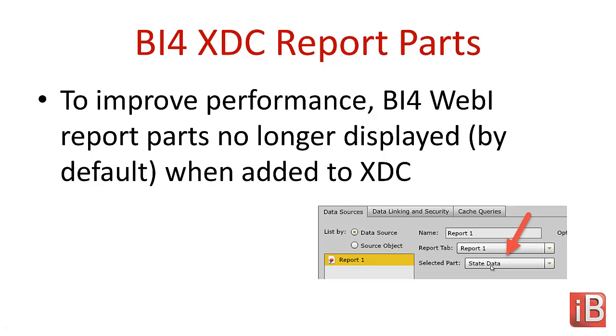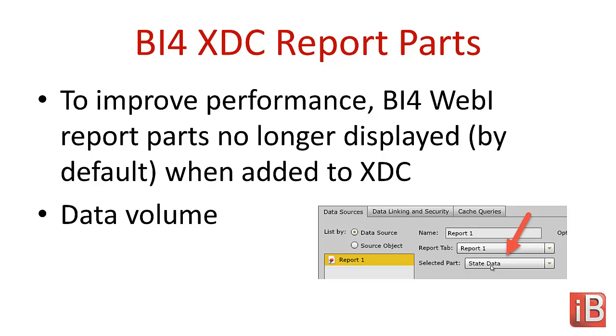Now, this was done for a few reasons, most specifically performance and data volume. So, in BI4, with some of the improvements that were made to what's called the Web Service SDK, BI4 is now able to produce much larger data sets from Web Intelligence for use in the cache. We have some users who are producing 100, 200, 300,000 rows of data from a Webby report to populate a cache.